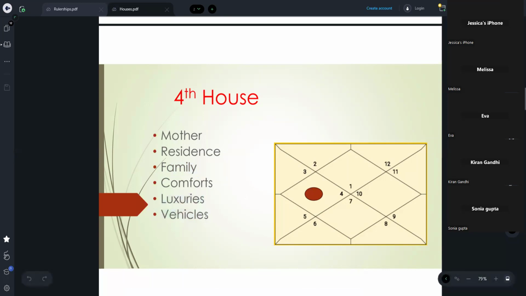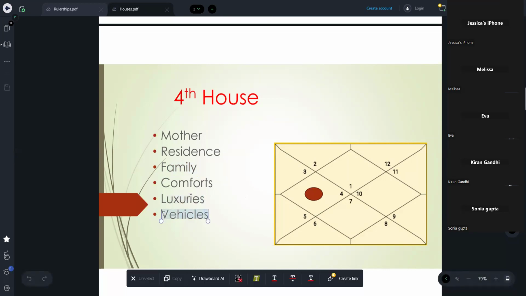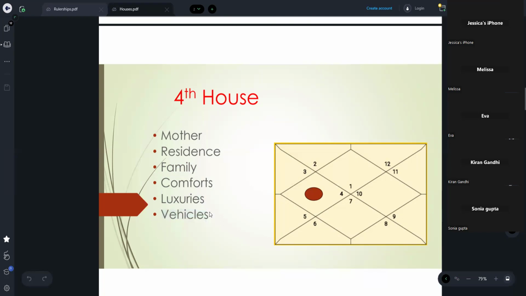With vehicles, you can decide to walk somewhere, you can decide to take the bus, but if you have your own car, that's a form of luxury, right? So any sort of convenience, like if you're sitting in a room with the AC turned on, that is also convenience. It's seen in the fourth house. It's your convenience. Okay, any sort of comforts.